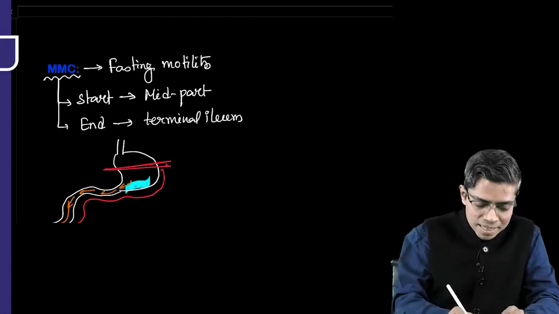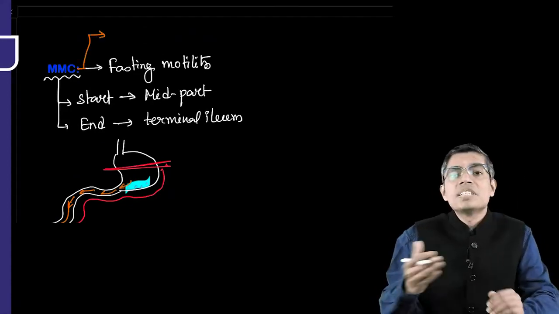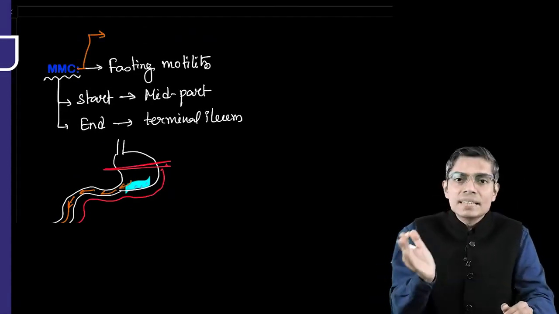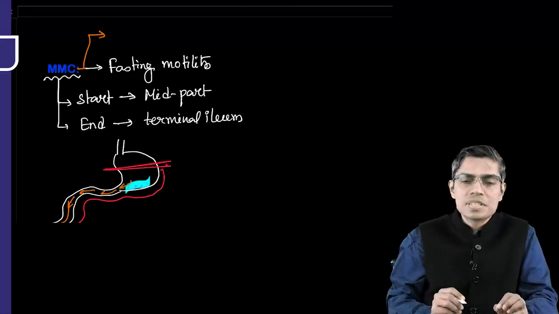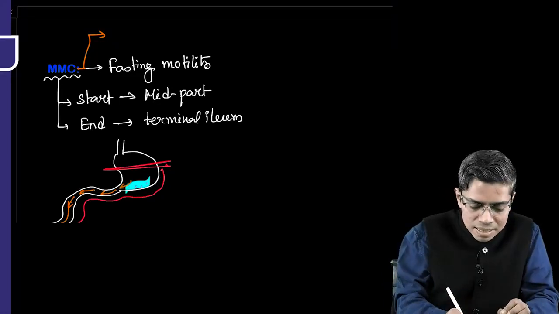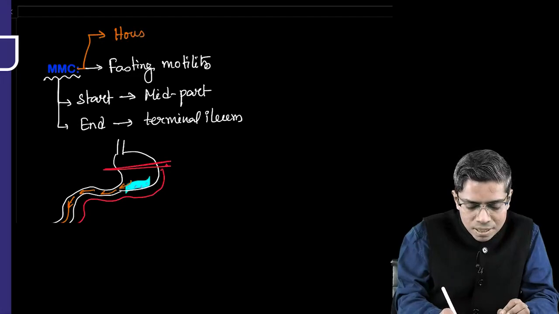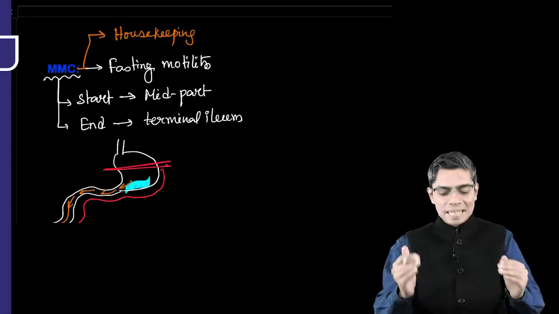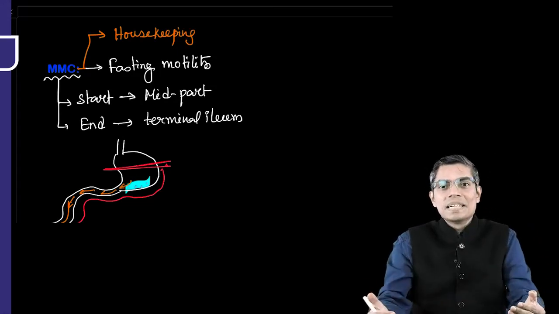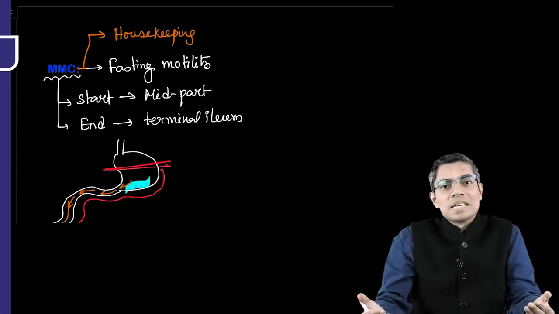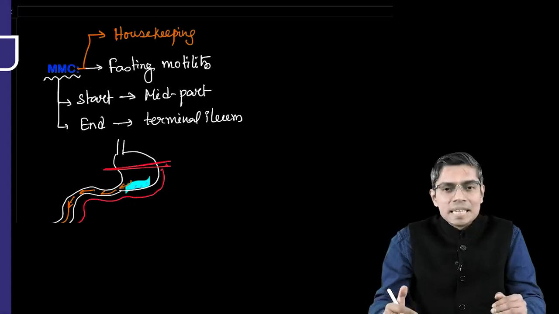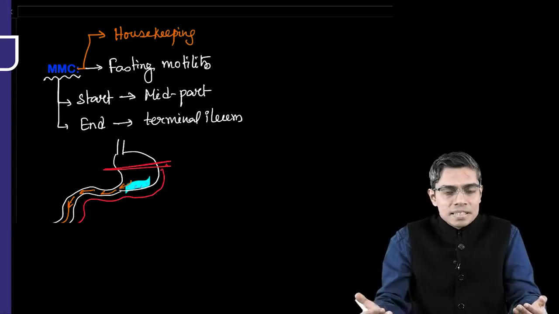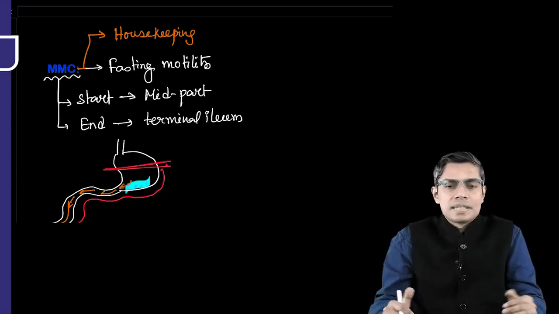So this is basically the sweeper of the GIT. It is basically clearing the content of the GIT. That's why we say that MMC is responsible for the housekeeping function of GIT, right? It is maintaining the clearing movement of the GIT. Very important. Okay, so in the interdigestive period the MMC is seen, right?